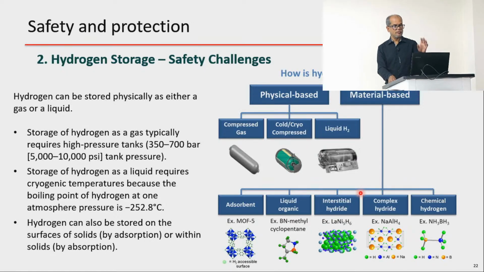Like generation, storage also has safety challenges, because as you already know, we store hydrogen as very high pressure compressed gas, very cold compressed liquid, and recently we are also doing solid hydrogen storage. We already mentioned what sort of pressure and temperature we utilize.